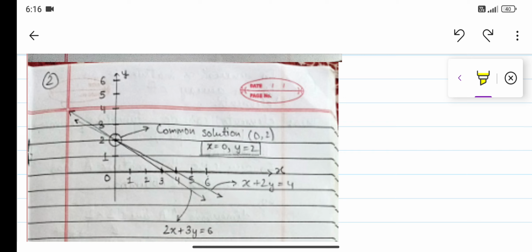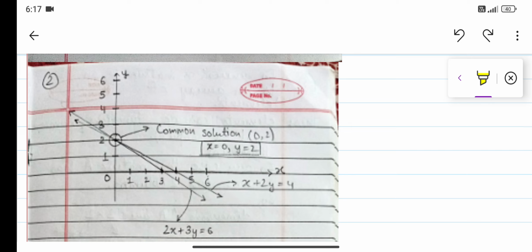Right. So from the geometrical point of view, simultaneous equations in two variables are nothing but a pair of lines, right? We need two variables x and y to define a line.